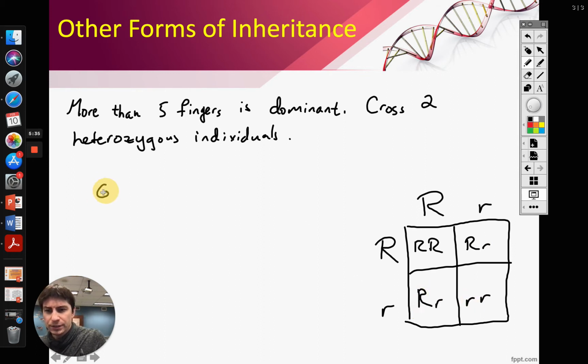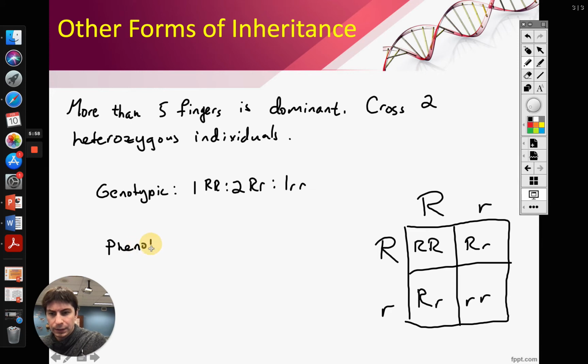So let's do our genotypic ratio first. If we look in there, and we're only looking at the ones inside the boxes, guys, I'm going to have 1 big R, big R. I have 2 big R, little r. And I have 1 little r, little r.